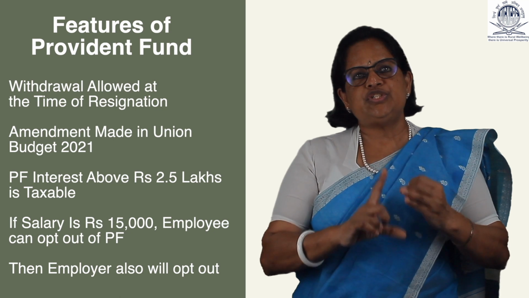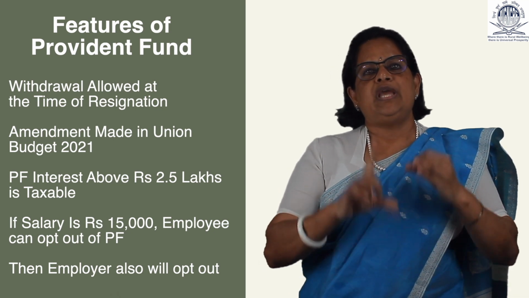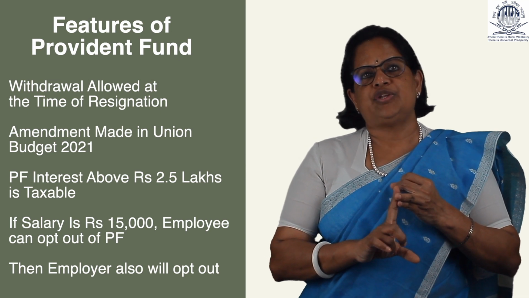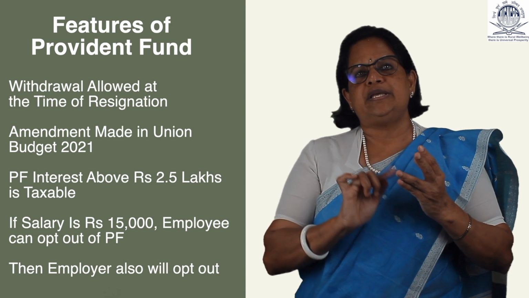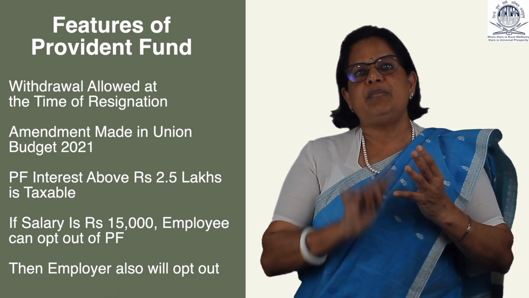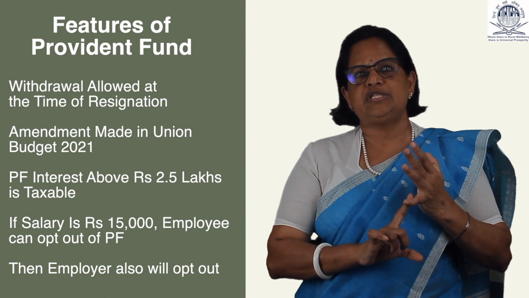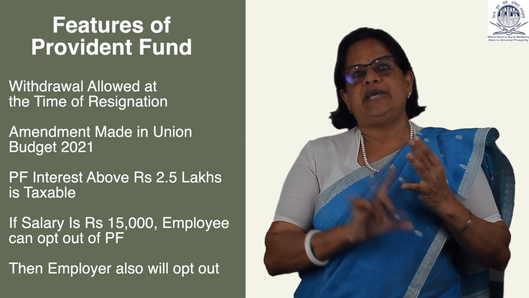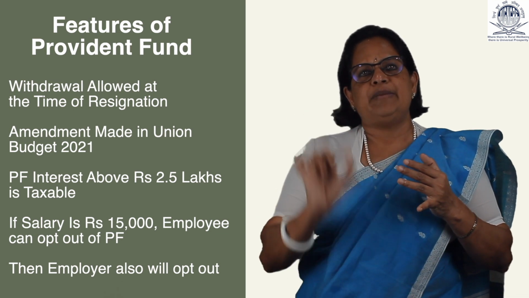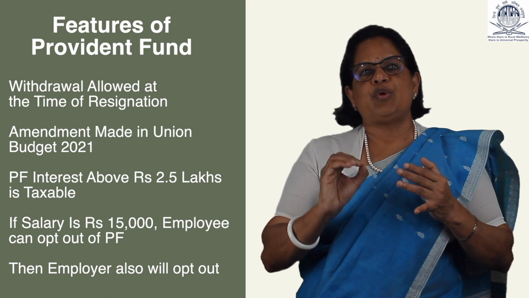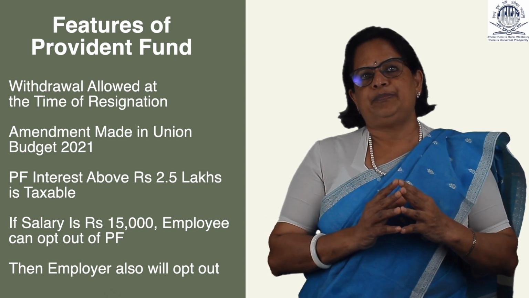To help thousands of people amid the second wave of the coronavirus pandemic, the Employees Provident Fund Organization, or EPFO, has recently increased the maximum assurance benefit under the Employees Deposit Linked Insurance, or EDLI, scheme to Rs 7 lakh. The EDLI cover is provided to all subscribers of the Employees Provident Fund scheme.